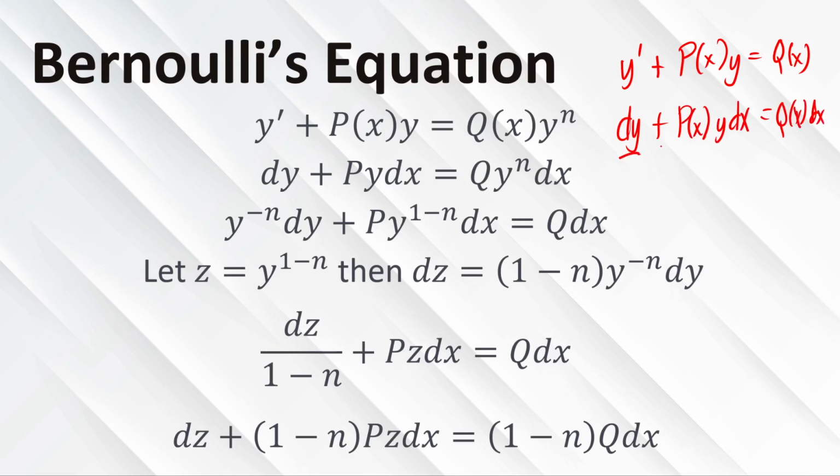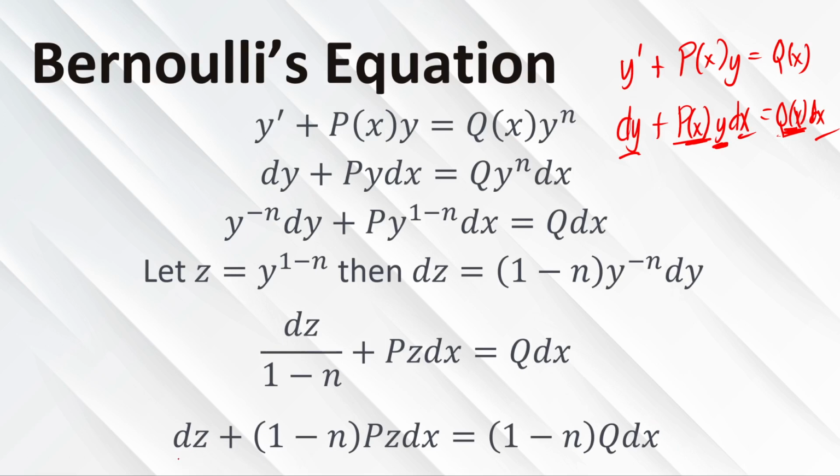Meron kang isang dy, dalawang dx. Yung isang dx, meron siyang katabing y at function ni x. And then doon sa right side, yung isang dx may katabing function lang ni x, wala siyang y. And this is very similar or parehas na parehas yan dito sa last equation natin, which is linear in z.